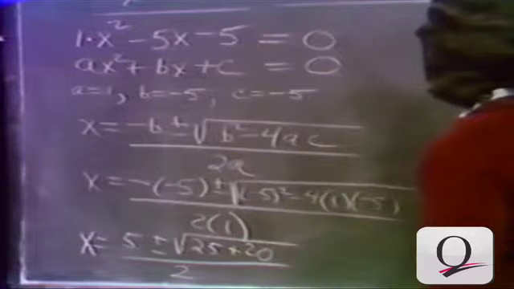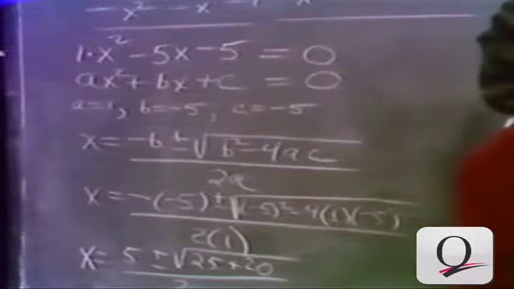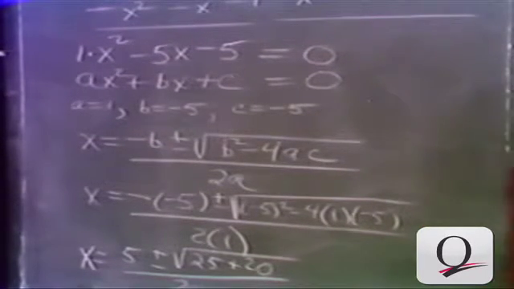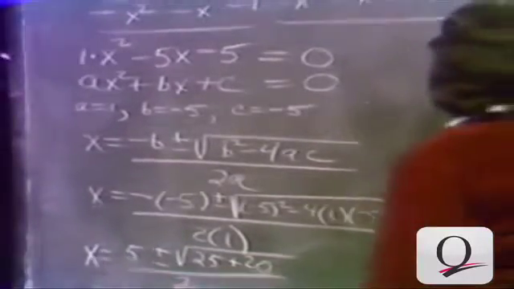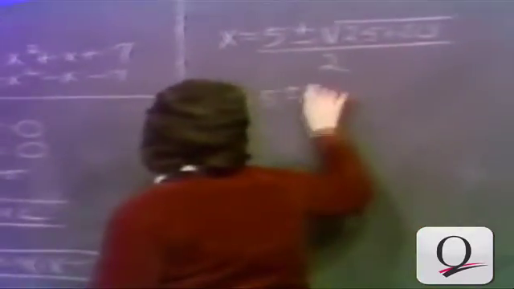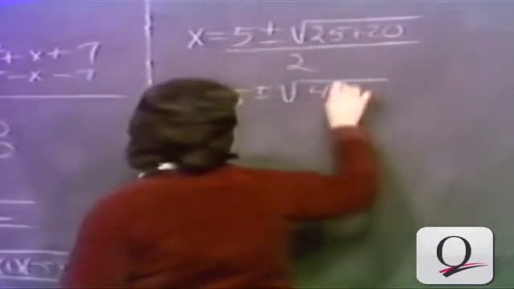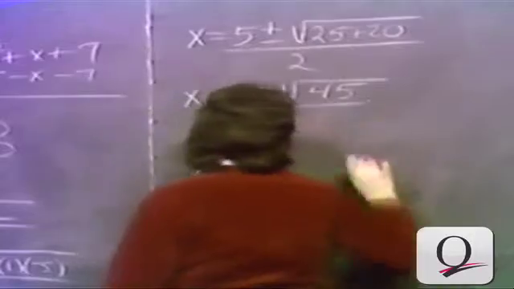Let me just write that. We have x equals 5 plus or minus the square root of 25 plus 20 over 2. So that gives us 5 plus or minus the square root of 45 over 2.